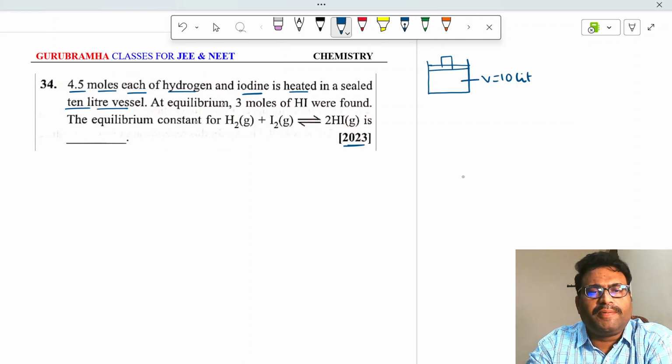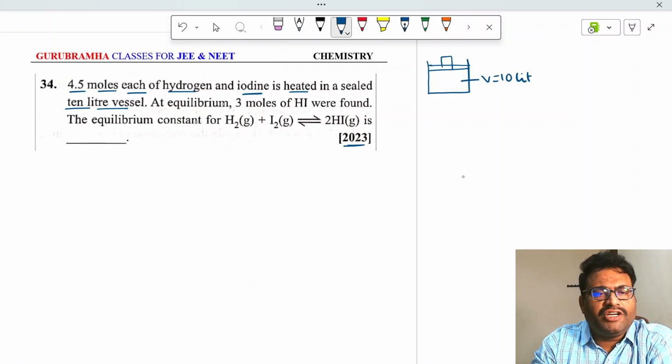In this 10-liter vessel, what are present? Hydrogen and iodine, H2 and I2 are present.